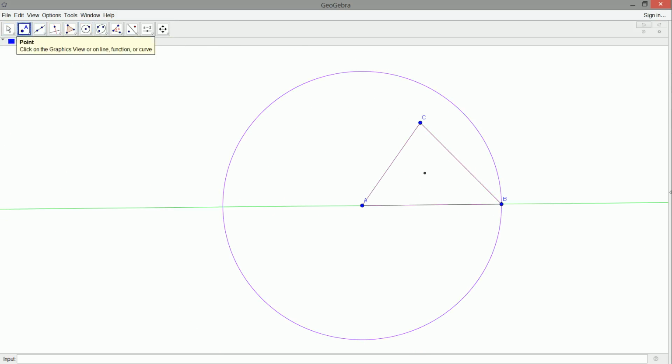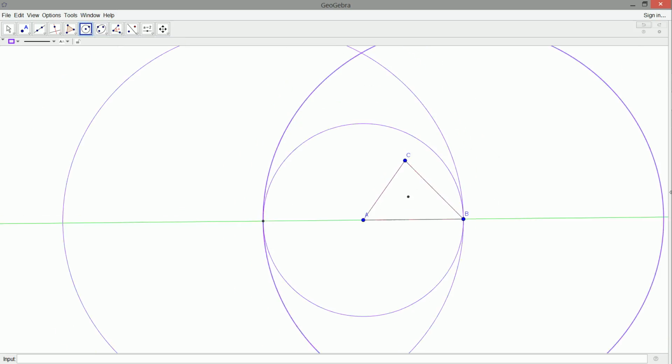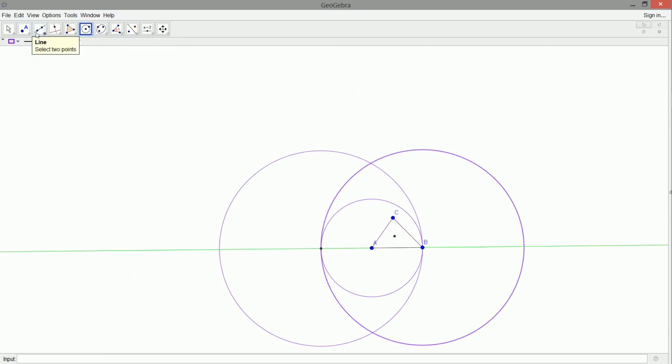Thought I'd shortened it enough. So first we're going to get a perpendicular line to AB through A. Wow, I really need to zoom out now. So now this is perpendicular at A to AB.